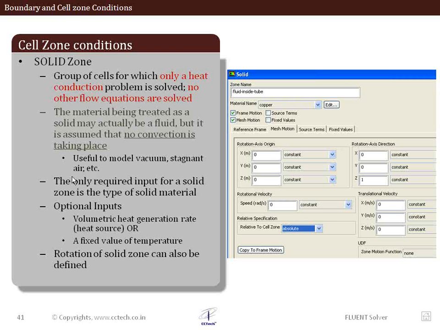So we can very well treat it as a solid domain and give it the properties of, let's say, air or vacuum at very low pressure. For modeling such things, when there is no convection taking place, you can simply treat that fluid domain as a vacuum material, by considering it to be a solid domain where we don't want to include the convection effects.